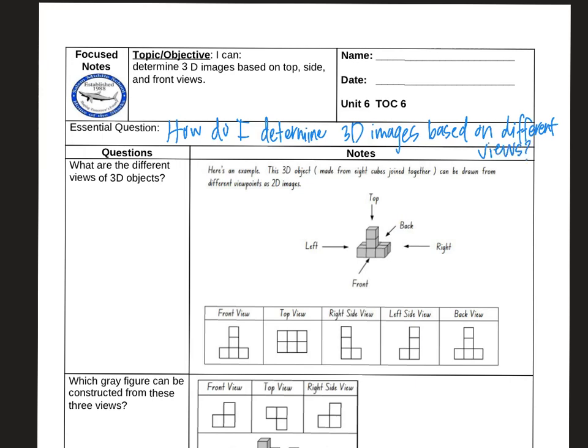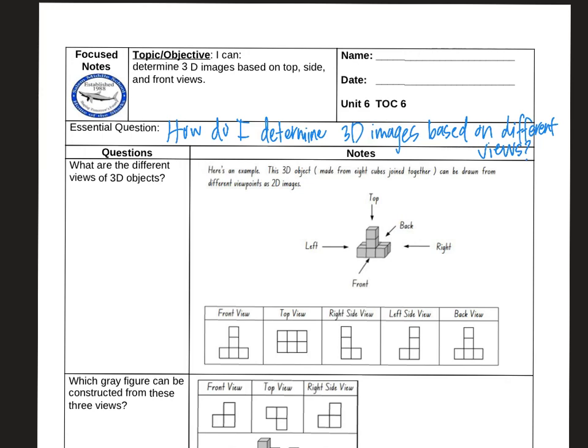Okay, so let's look at this first example. So right here we have a 3D object, and we can draw it as 2D images from different viewpoints. So if you think about the front, and I'm going to do some color coding, so if you would like to do this on your own notes, I encourage you to.